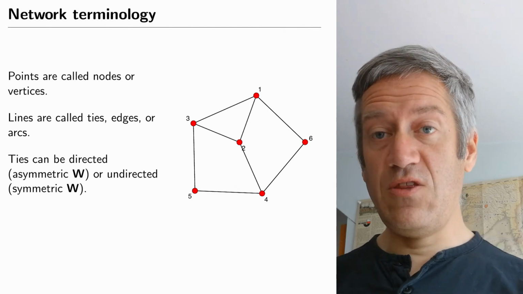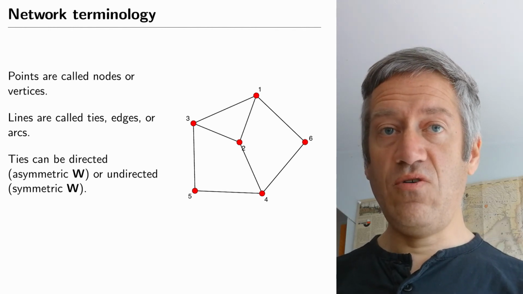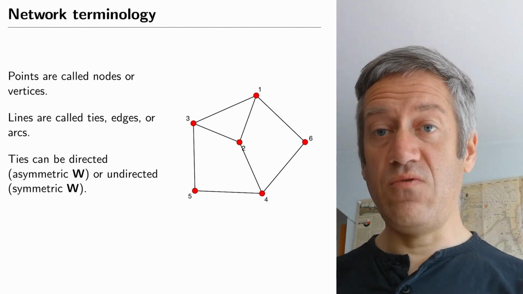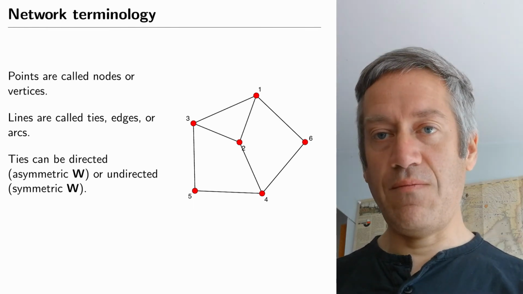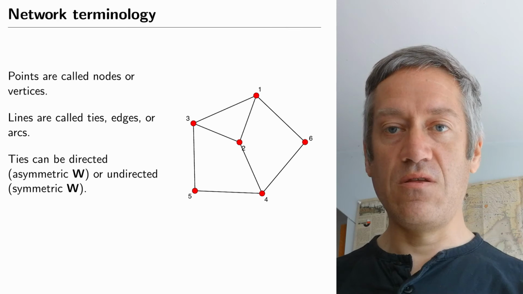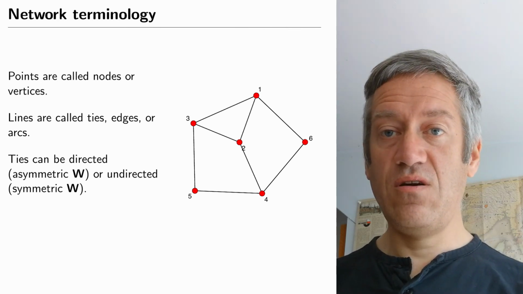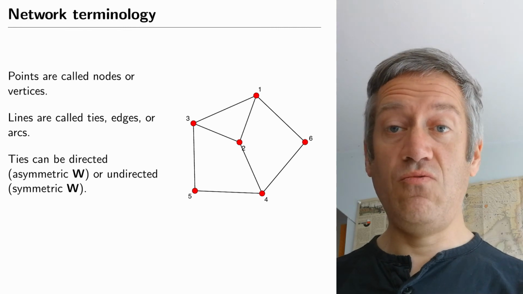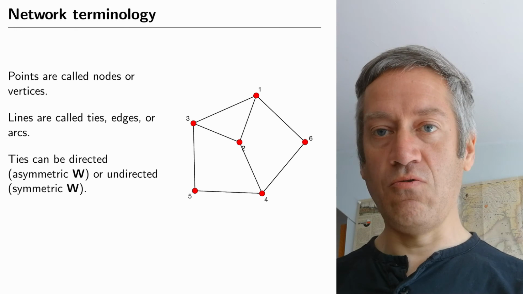To stick with the retweeting example, we could have a directed network where we look at how often MP number 1 retweets MP number 2, but also how often MP number 2 retweets MP number 1, and these are not the same numbers. That's a directed network. We could also have an undirected network where we simply look at whether two MPs have a tie or not, say whether they're from the same country or the same school.